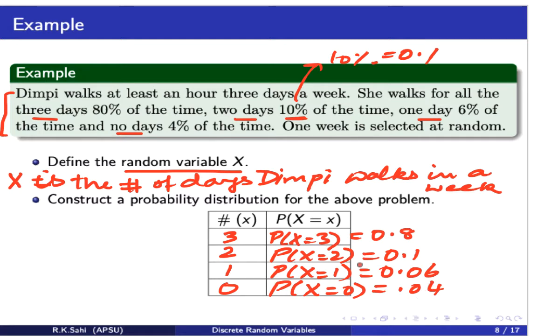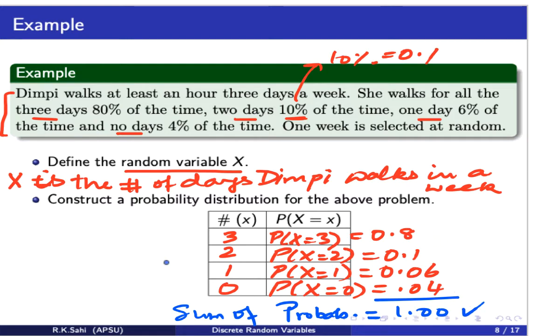Another thing is that the sum of these probabilities should be equal to 1. So let's do the math here. Let's add this up. What's the sum, guys? Remember, the sum of the probabilities. Let me literally write the sum of probabilities is equal to 0.8, 0.1, 0.9, then 0.96, and then 1.